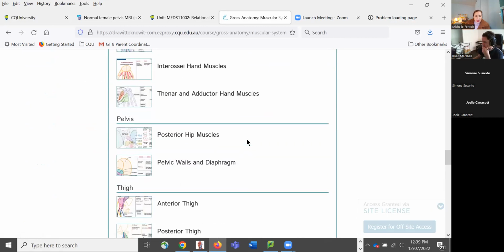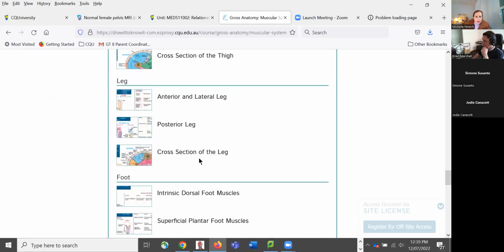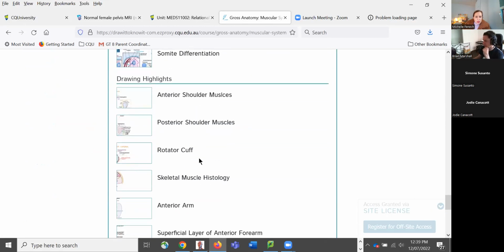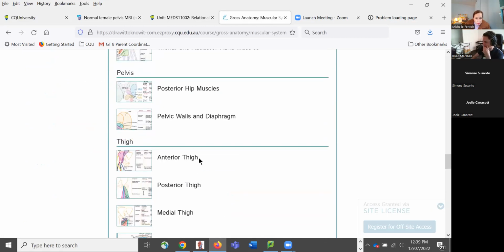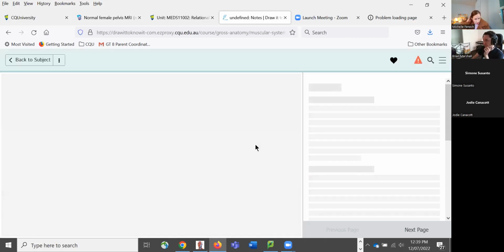Didn't do this one, pelvis here. And then I've just gone, oh, that probably doesn't have the bones. Pelvic walls and diaphragm. Anyway, let's go to pelvic walls and diaphragm, see if that's got it. It may have changed things.